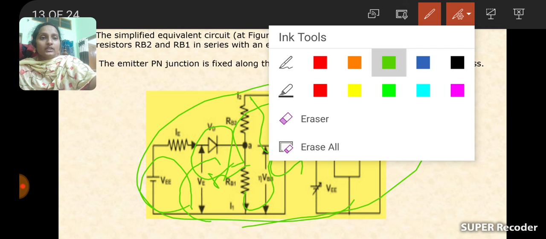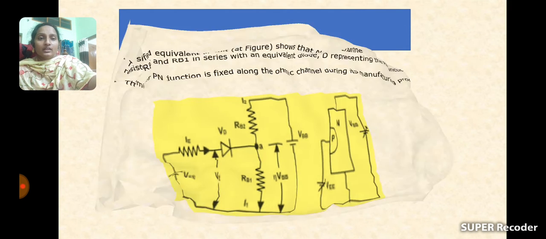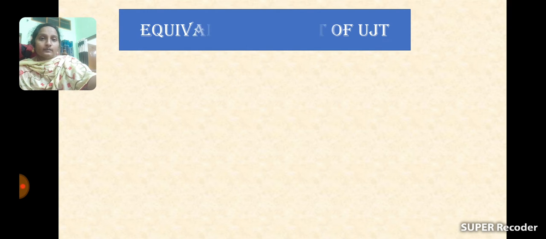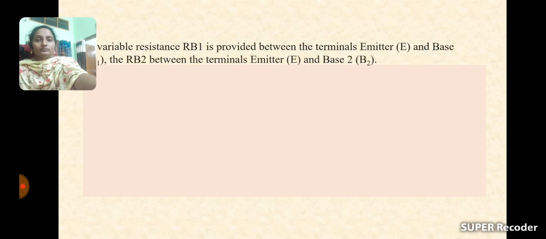If it is under reverse bias condition, it is unable to produce the voltage. See here, this is the equivalent circuit. If the potential divider network is made with resistors RB1 and RB2, and we insert a diode at the center point, then that makes the equivalent circuit of UJT.